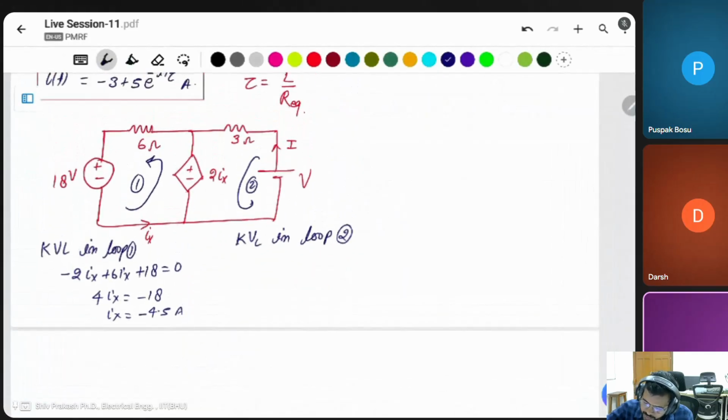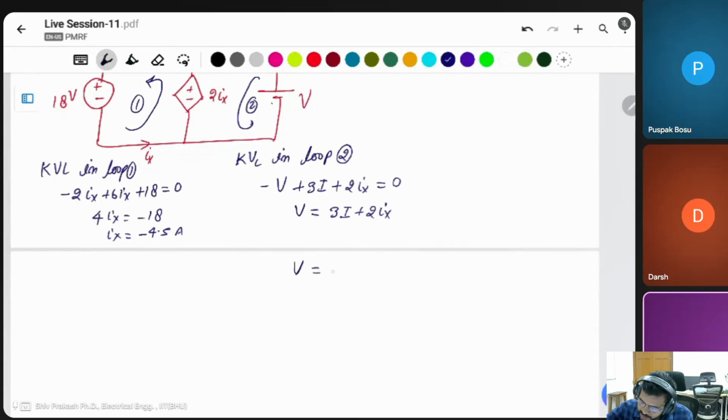and in the second loop simply apply minus V plus 3I plus 2Ix is equal to 0. Then you can say V is equal to 3I plus 2Ix.